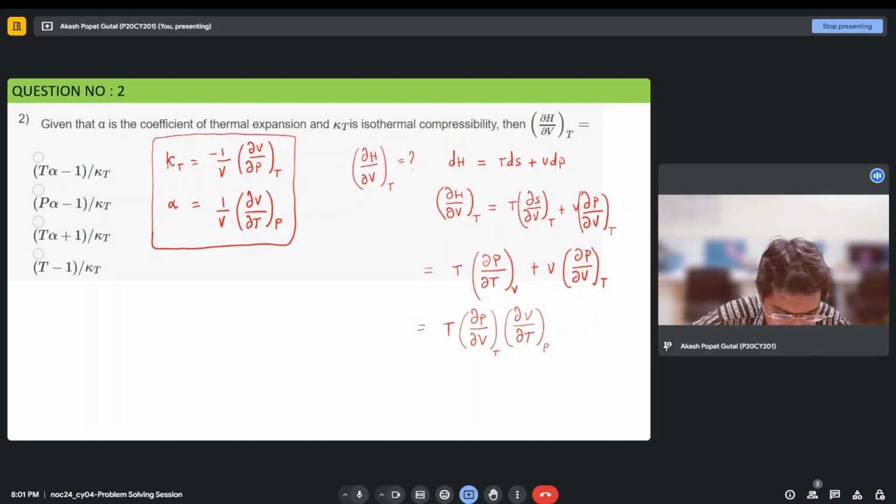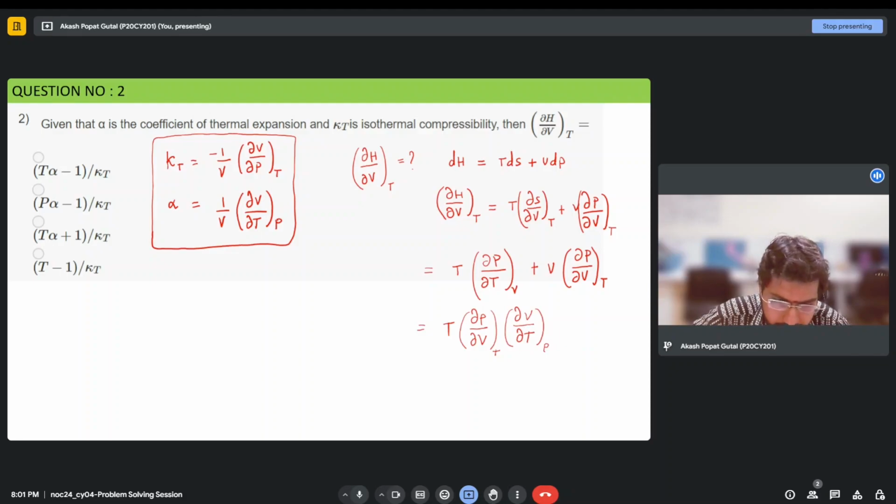P and V are inversely proportional, and here P and T were directly proportional, since PV is equal to nRT. We are converting this differential into one differential which is inversely proportional and another which is directly proportional.